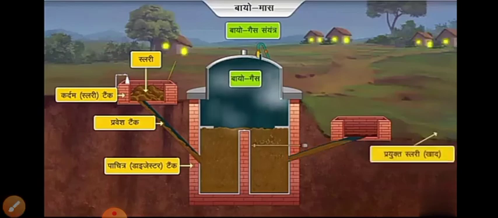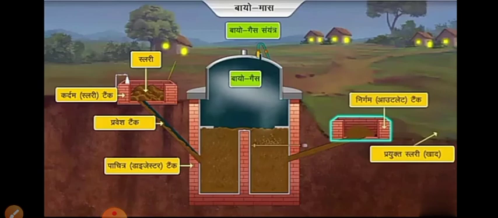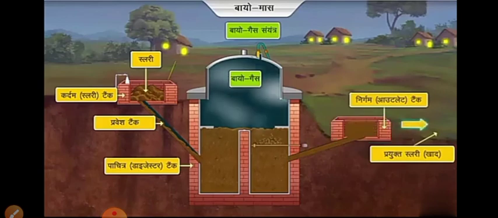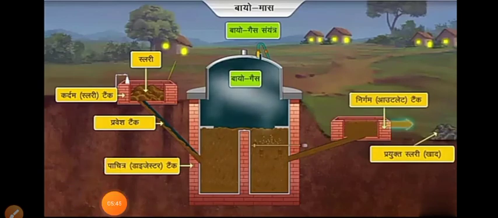See, electricity is being created, and the slurry part we are using for farming and so on.